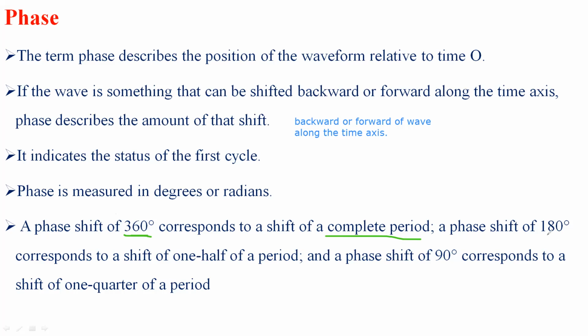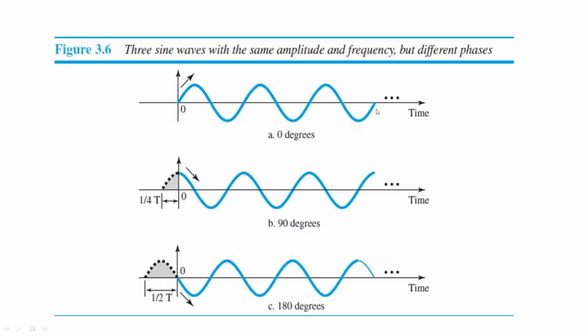If I say the phase shift is 180 degrees, then it is 1/2 of a particular period. If it is 90 degrees, then it's 1/4 of a particular period. So this is about phase.